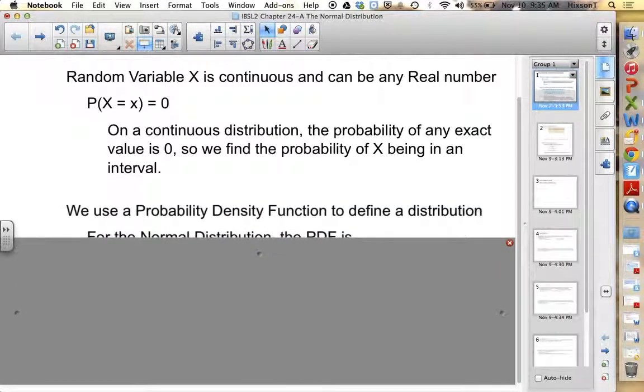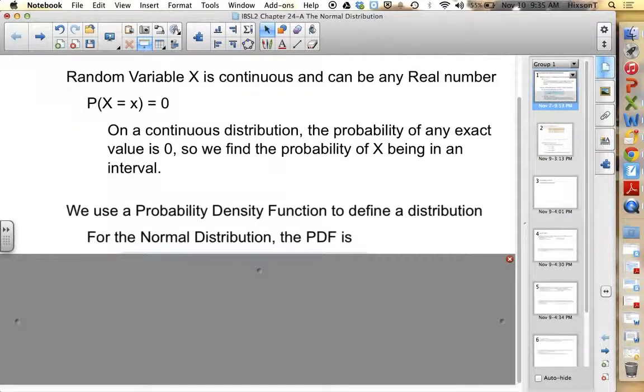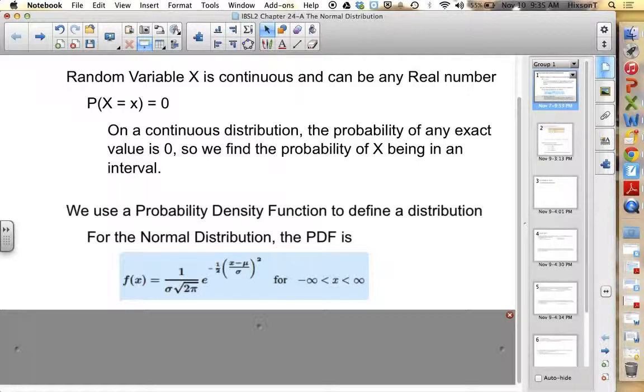Now, what we're using in the normal distribution, you do not need to write down the actual function here, but this is a term you ought to be familiar with: the probability density function, or PDF. This is the function for a normal distribution.